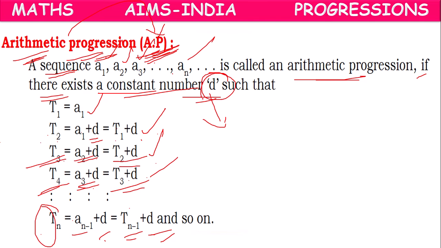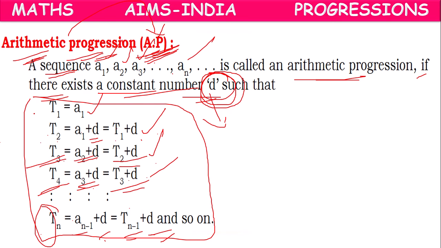Suppose there is a constant number D such that in the sequence every term except the first term is formed by adding that constant number to its previous number. Its previous number is T1.